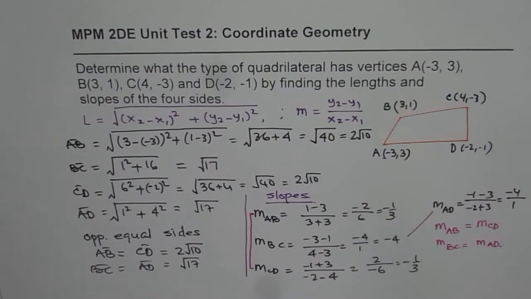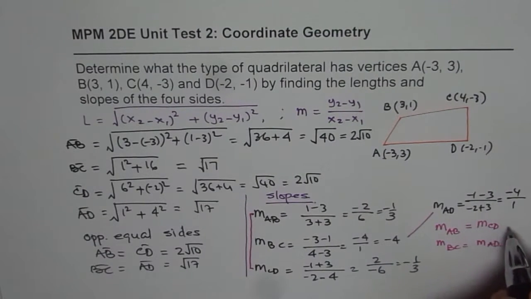So opposite sides are parallel and they are of equal length. And they are not negative reciprocals: the slopes are either minus 1 over 3 or minus 4, so the sides are not perpendicular, right? Parallel but not perpendicular.